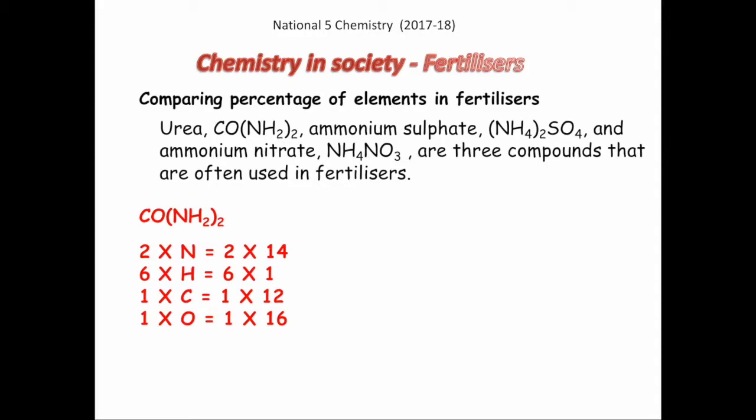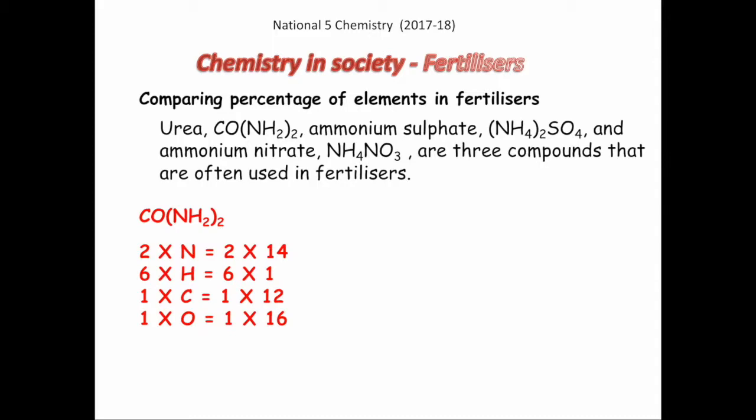Urea has two atoms of nitrogen, which is 28 atomic mass units, four atoms of hydrogen, which is 4 atomic mass units, one atom of carbon, which is 12 atomic mass units, and one atom of oxygen, which is 16 atomic mass units.